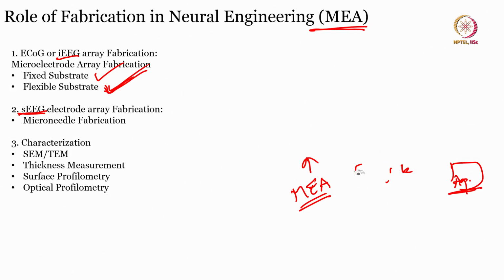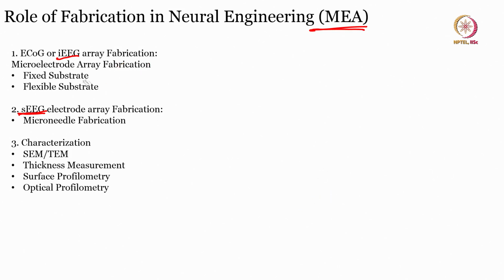Characterization is as important as fabrication. What is characterization? Characterization is the method to validate your fabricated or micro engineered structure. This MEA, when I talk about MEA, is of a few micron diameters, like few micron pitches.